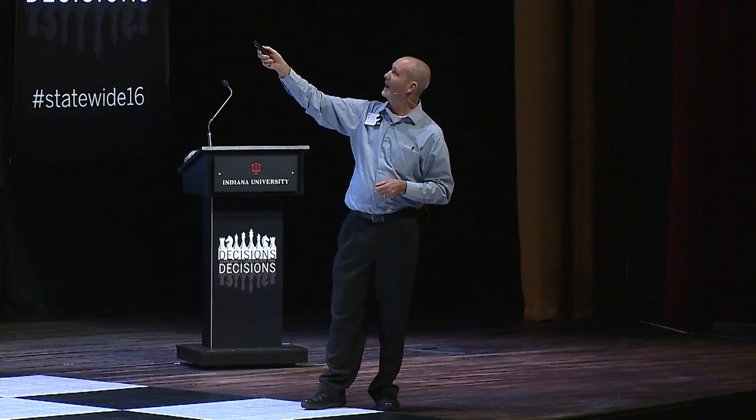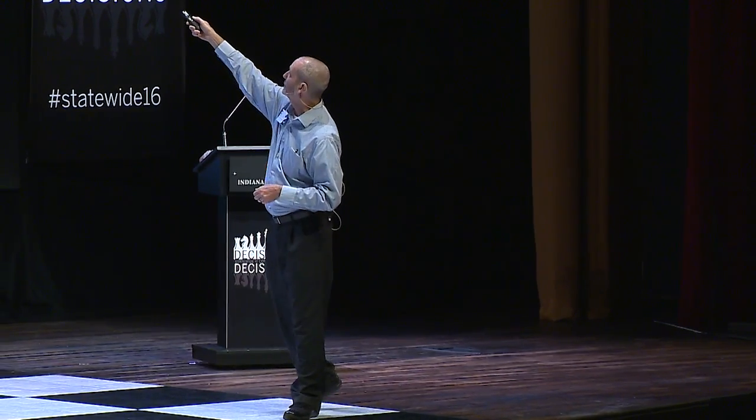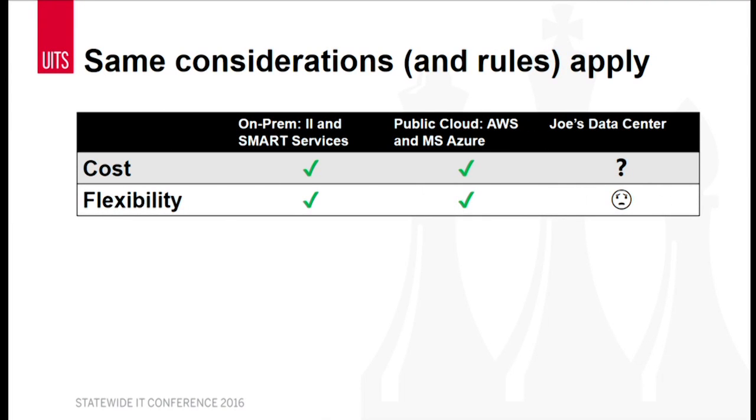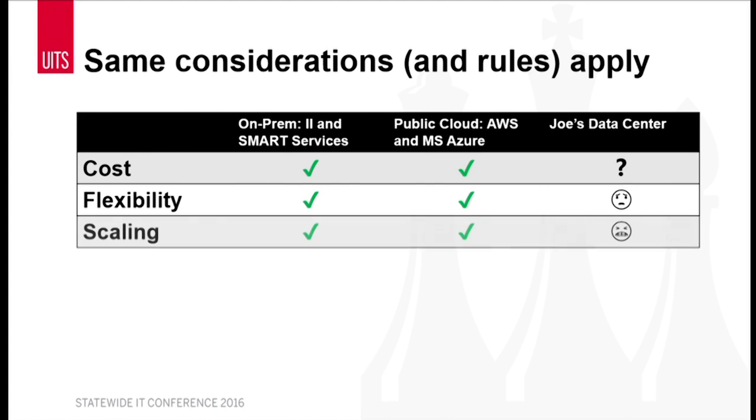All right, so if we're looking at on-prem with II and smart services versus the public cloud versus Joe's Data Center, cost, you have the ability to control those things and look at competitive cost. Flexibility, you have a number of tools available to you. I'm not really sure about Joe's Data Center in that equation.